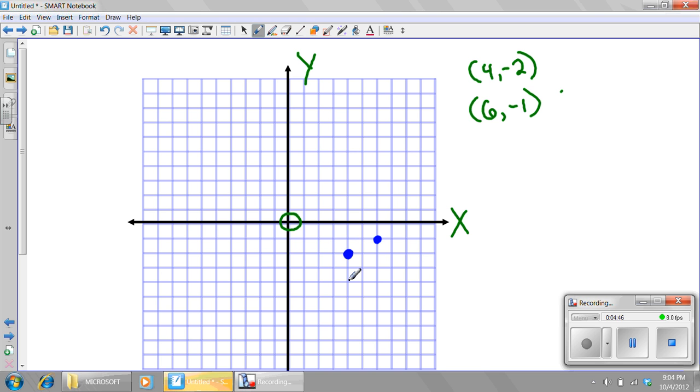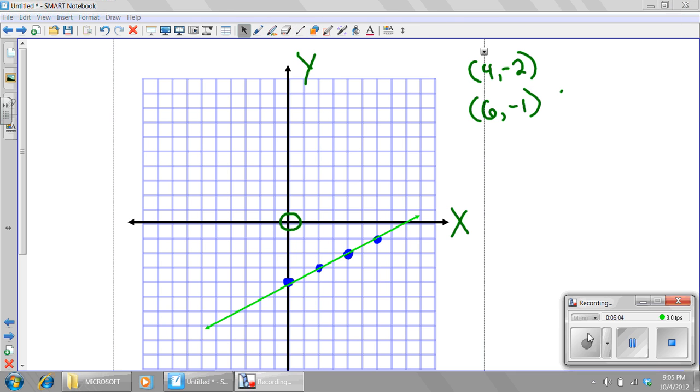Look at that. So if I find some points heading towards the y-intercept, down 1, back 2, down 1, back 2, I can get the y-intercept without actually even drawing the line. I can put the line in there if it helps you. There's my line. And you see my y-intercept right here.